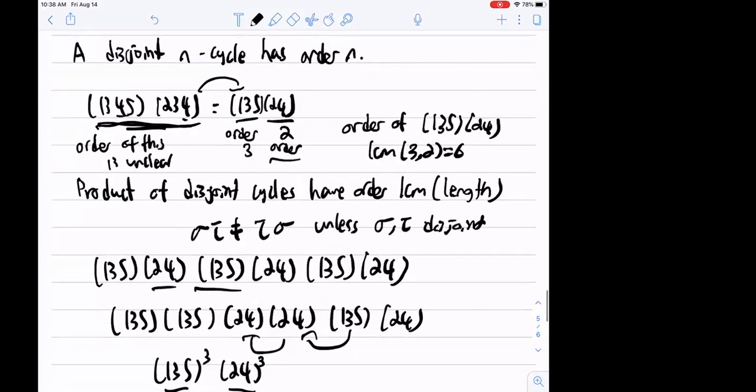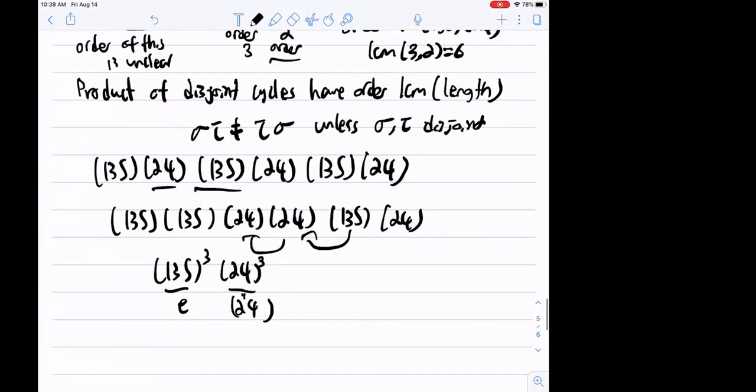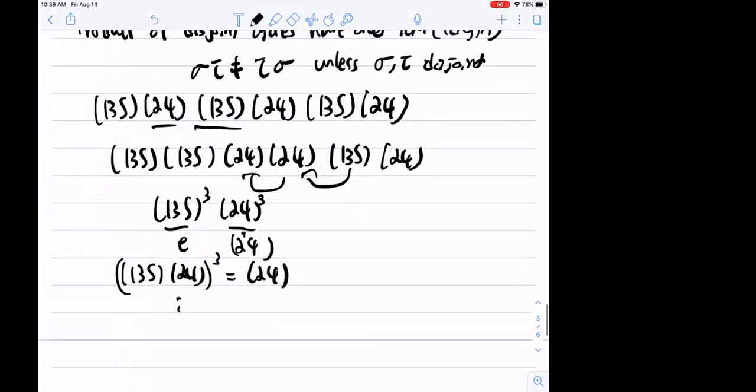It has order 2, so you need to go 3 more times. So what I just calculated was (1 3 5)(2 4) cubed, and I got (2 4). If you just keep doing the swapping, you can see it's the LCM.